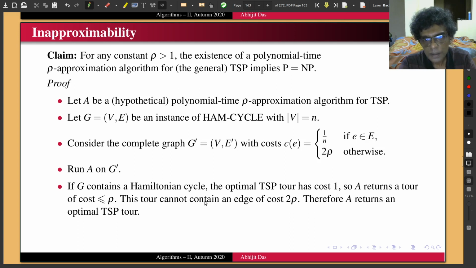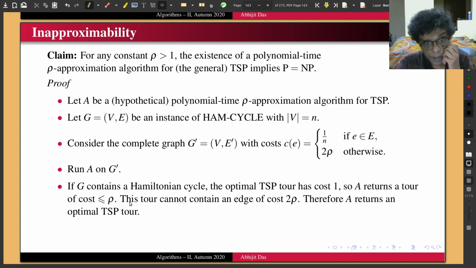Right? So if G contains a Hamiltonian cycle, the optimal TSP tour has cost 1. Okay. But A is a rho approximation algorithm. So it will return a tour of cost less than or equal to rho times 1, which is rho.